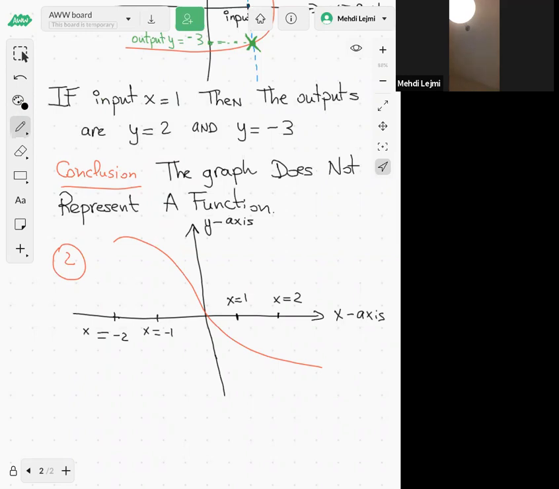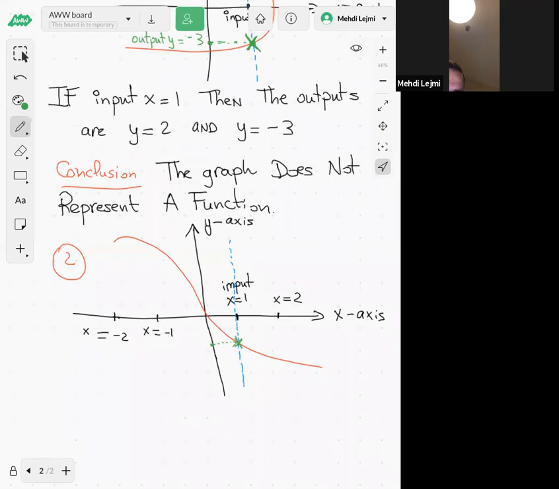What I'm saying here, guys, is that if my input x is 1, so this is my input x, what will be the output y? All we have to do is draw this vertical line passing through x equal to 1. It's going to intersect the graph at some point here, and the corresponding output would be this one here.